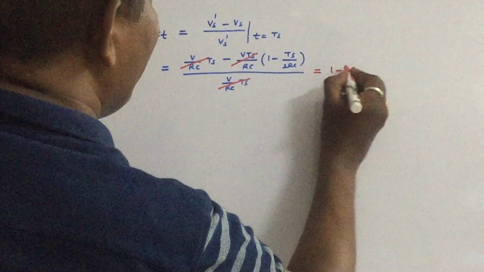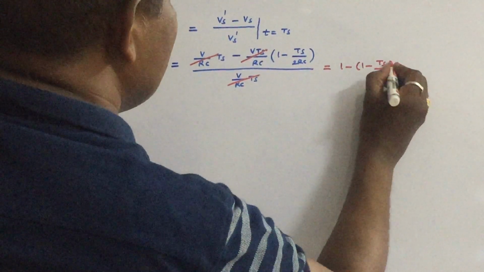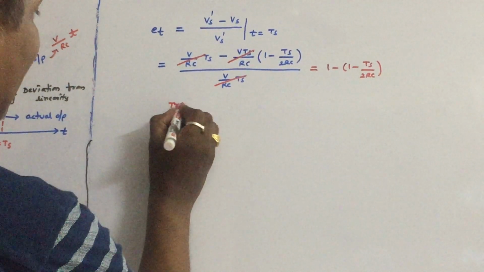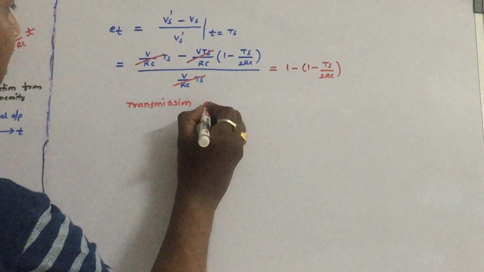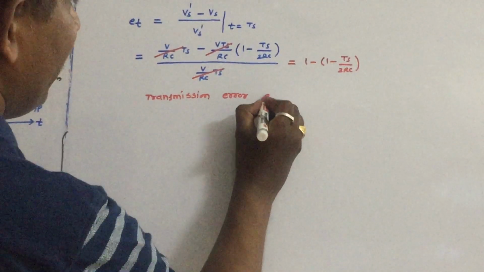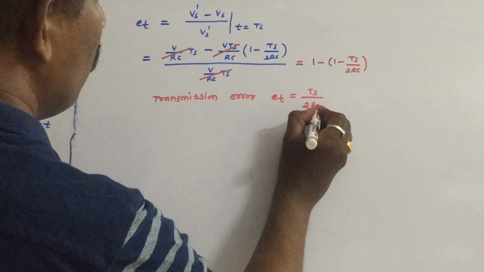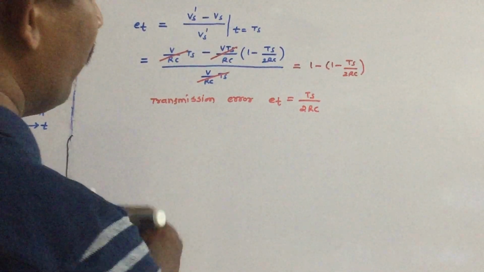We get 1 minus Ts by 2RC. You can clearly see that 1 gets cancelled out. So therefore the transmission error Et is equal to Ts by 2RC. Et is the transmission error.